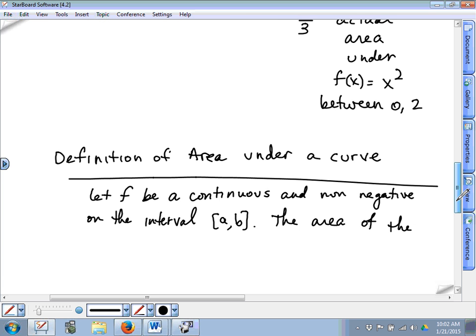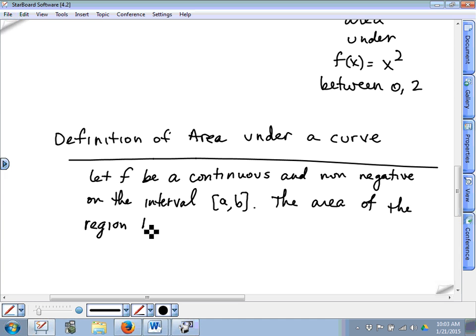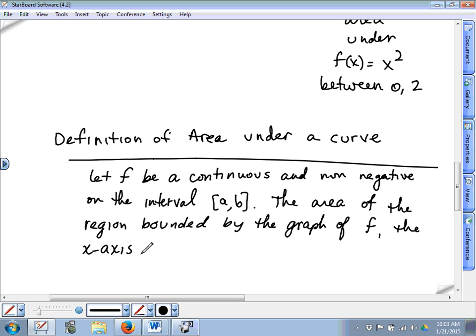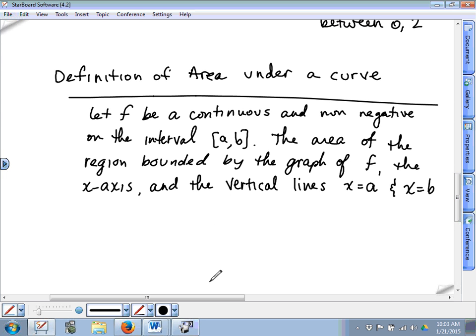The area of the region bounded by the graph of f, the x-axis, and the vertical lines x equals a and x equals b.